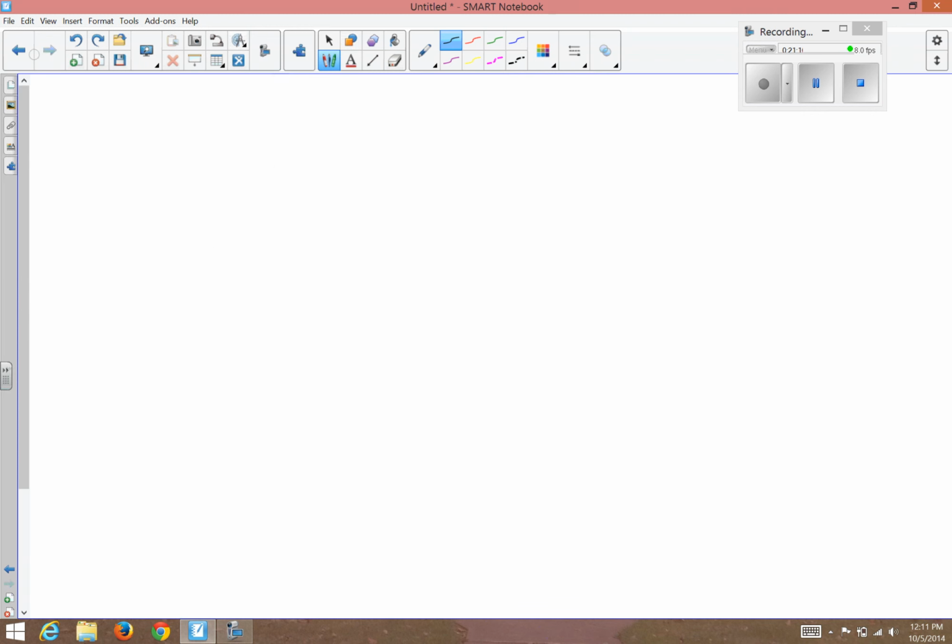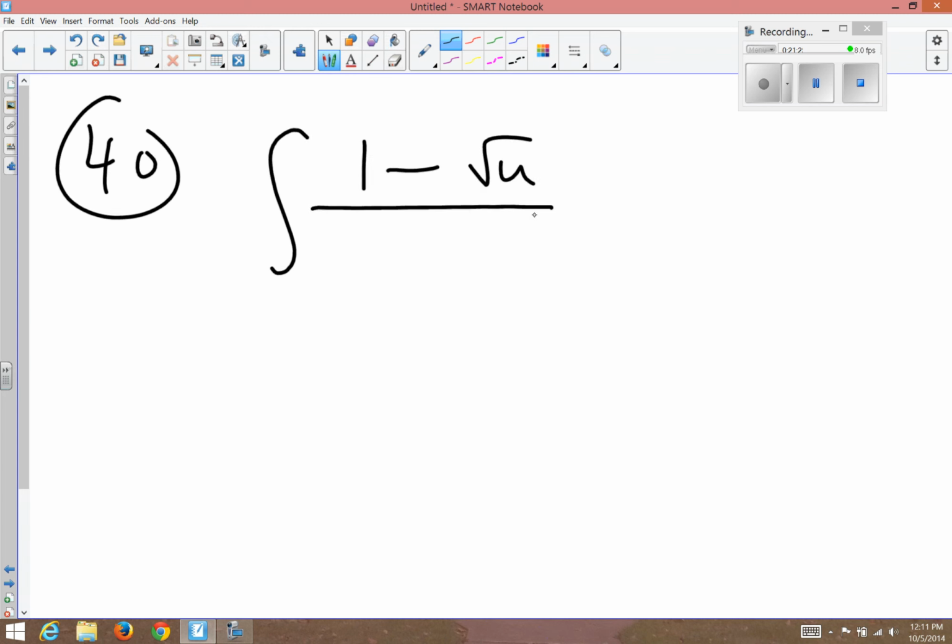Number 40, the integral of 1 minus radical u over radical u du from 0 to 4. Anytime you see two or more terms in the numerator and only one term in the denominator, you should split this fraction like this.